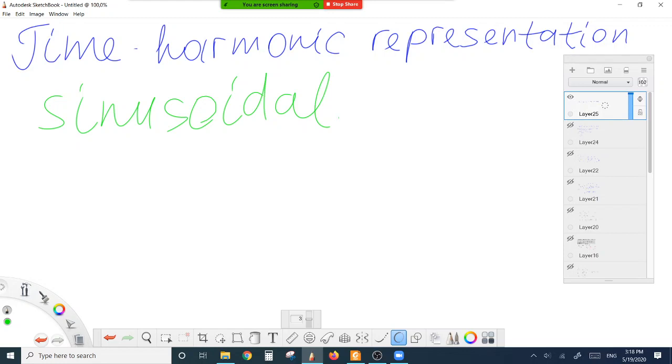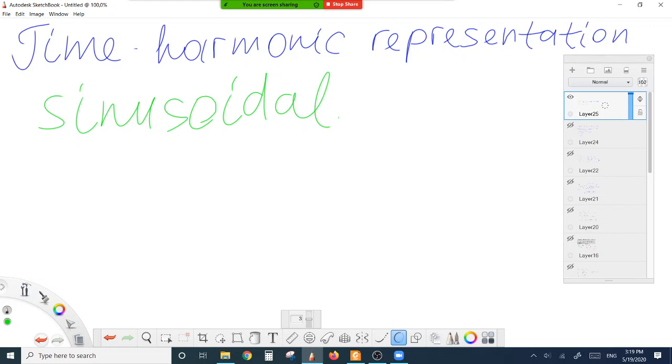This is a form often dealt with in engineering, and it is well known from circuit theory also. So there are two basic differences between time dependent and time harmonic forms.